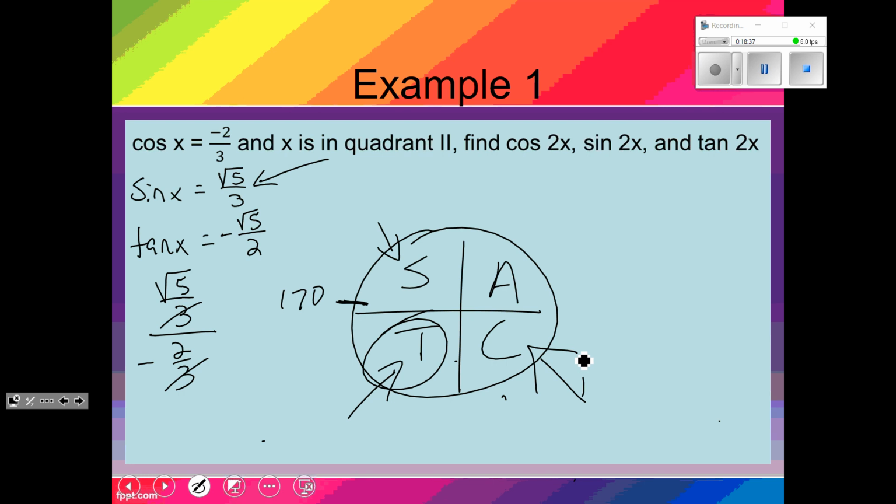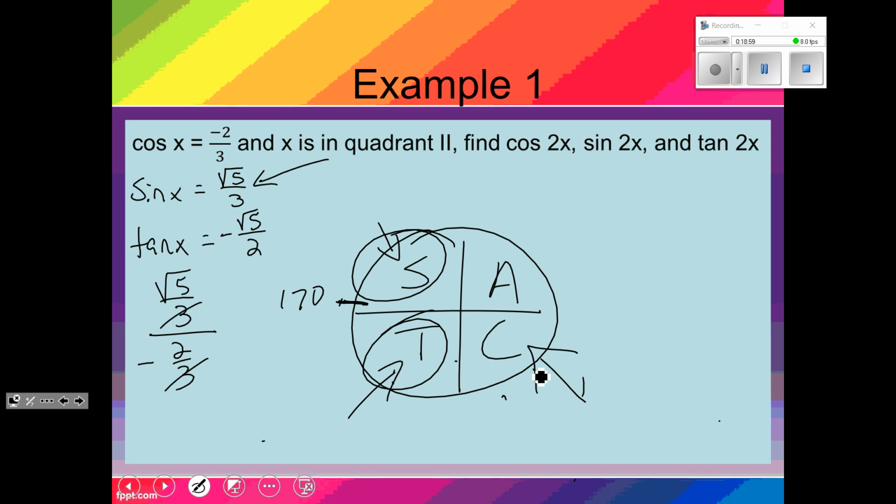So if you're in quadrant 2 and you double it, you're going to either end up in quadrant 3 or quadrant 4. Does that make sense? And that's why the double part of the formula changes the sign of the sine, cosine, and tangent. Does that make sense?